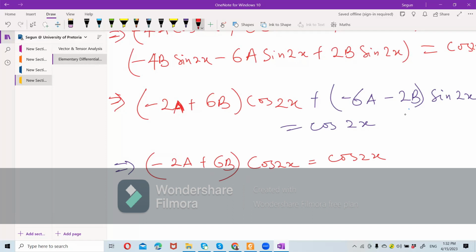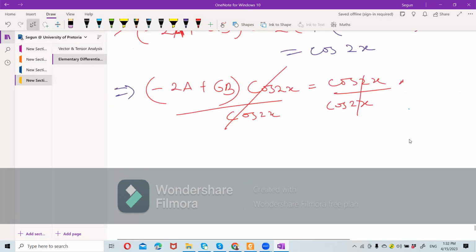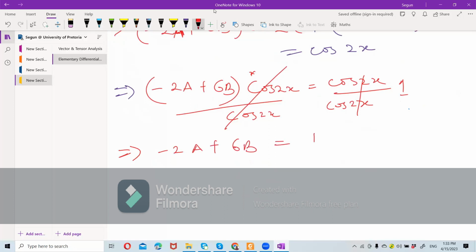So remember, when you divide both sides by cos 2x, this one goes, this one goes. When this one divides each other, it is 1, because it cannot equal empty. 1 multiplied by everything is still the same as everything. So that's why minus 2a plus 6b equals 1.